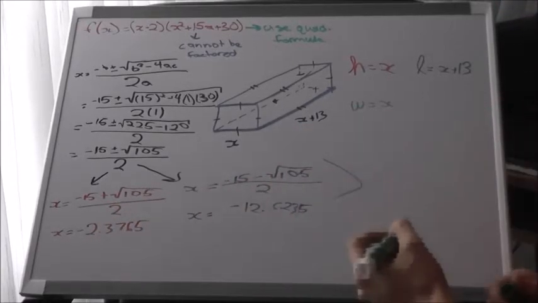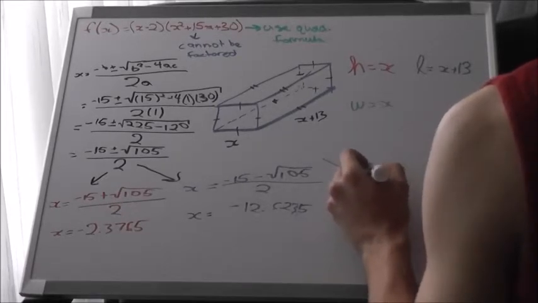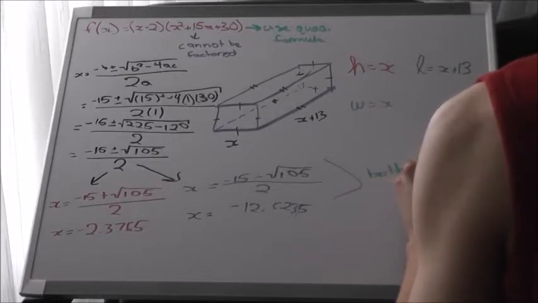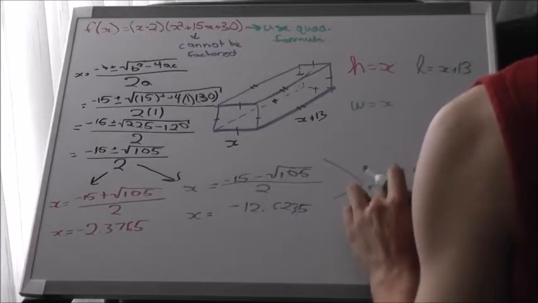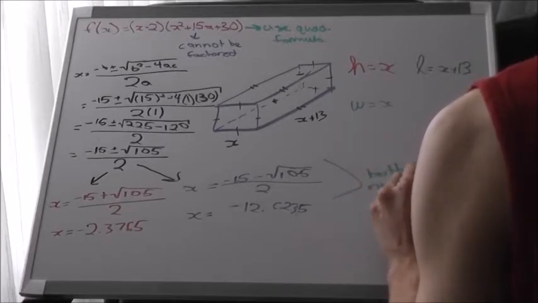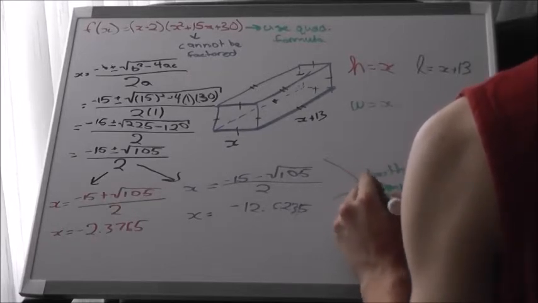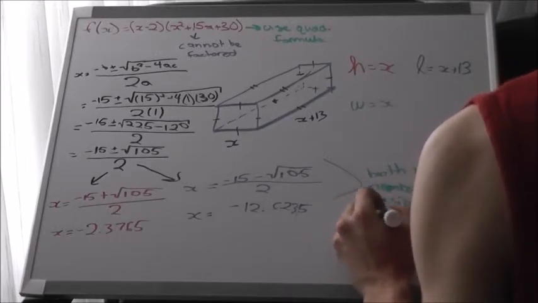Now, since both of these answers are negative, we know that they cannot possibly be part of the dimensions of the box because you cannot have a negative side length. So in this case, we must make our x, or our variable, be positive, so that we have a possible side length.